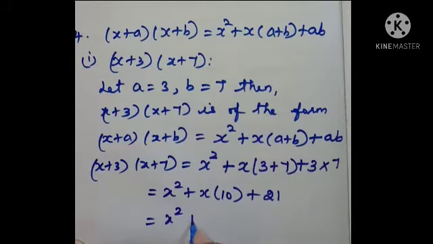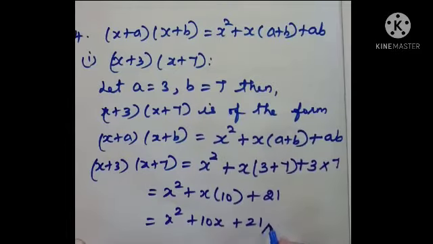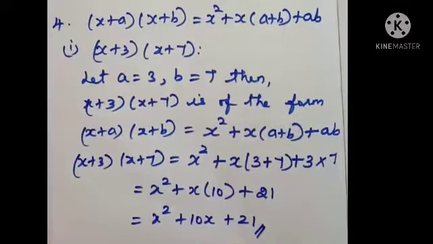So x² + 10x + 21, where 10 is the coefficient of x and 21 is the constant. Thus, using the identity (x + a)(x + b) = x² + x(a + b) + ab, we find the product of the given expression (x + 3)(x + 7).